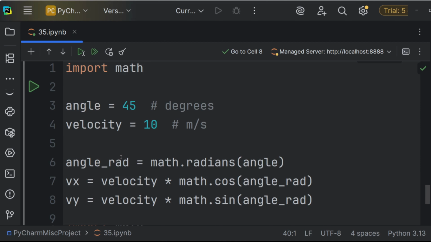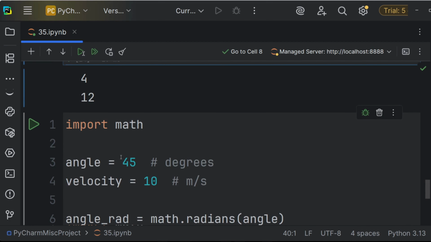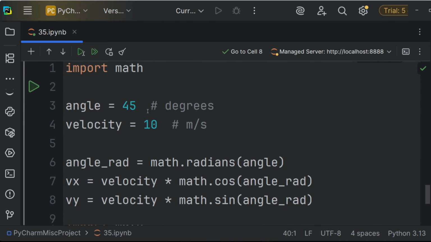Now, let's use a few of these functions to solve a physics problem, a real scenario. We're going to calculate the projectile motion of an object. So over here, angle is equal to 45, and it is specified that it's in degrees, and the velocity is 10 meters per second.